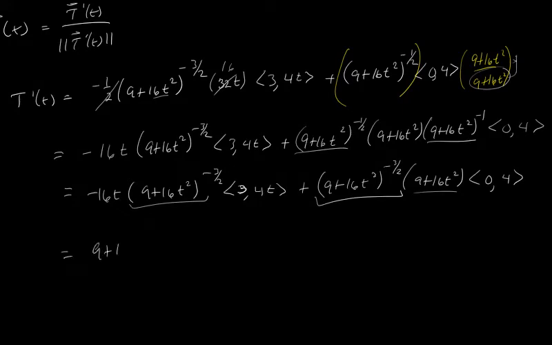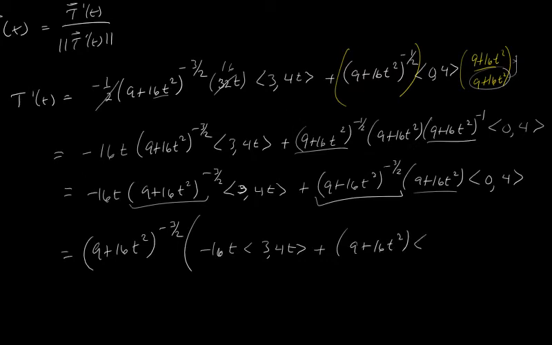This is (9 + 16t²)^(−3/2) times [−16t times ⟨3, 4t⟩ plus (9 + 16t²) times ⟨0, 4⟩]. The reason I'm doing it this way is because I want something easier to work with, because I'm about to take the magnitude of this, and that's going to be super gross if I don't do some simplification.